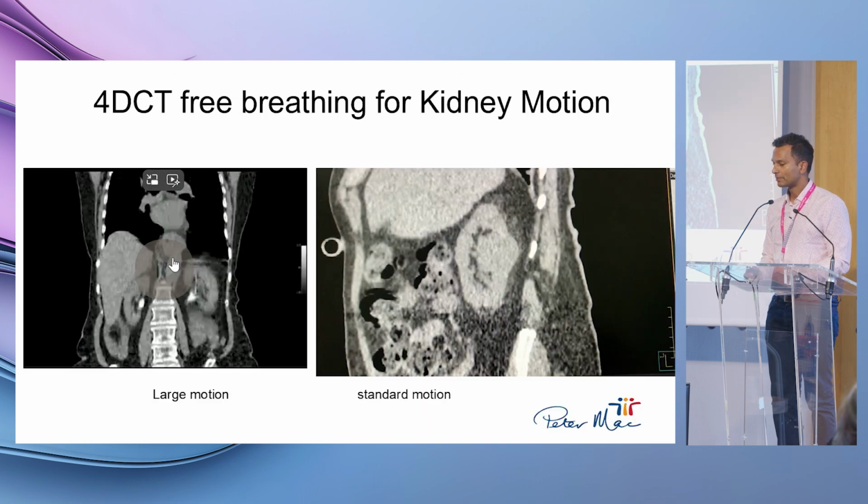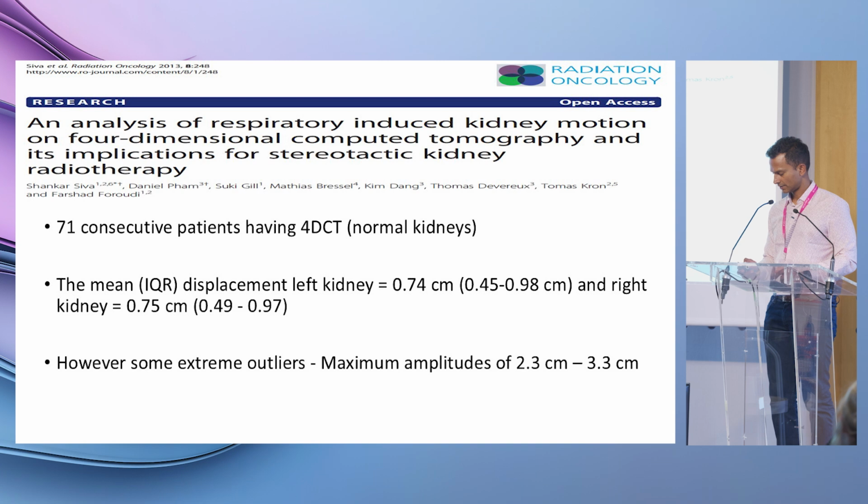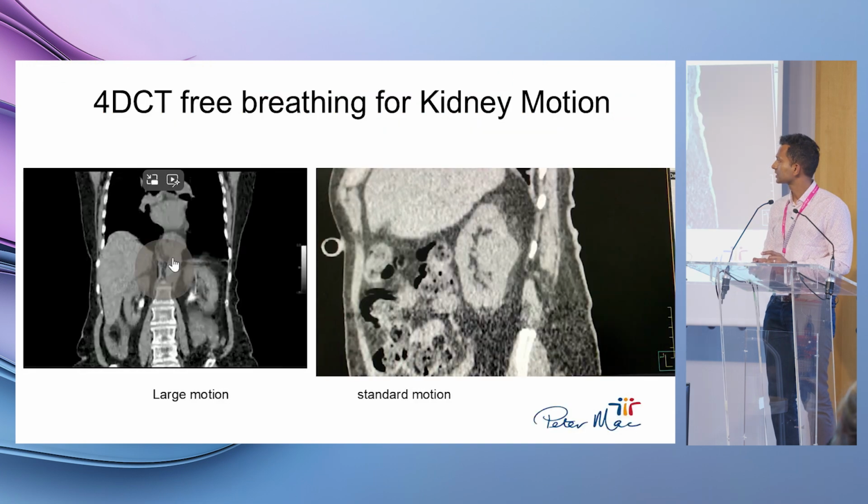Now, I don't have an MRI LINAC, and what we're used to most commonly is just 4D CT. This is an example of what to expect with a 4D CT. There's some motion there.